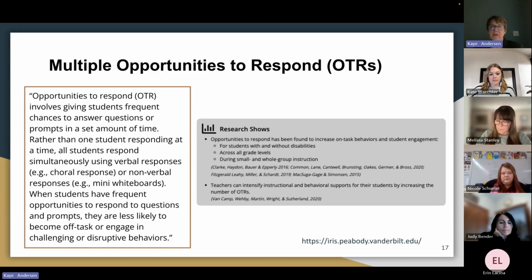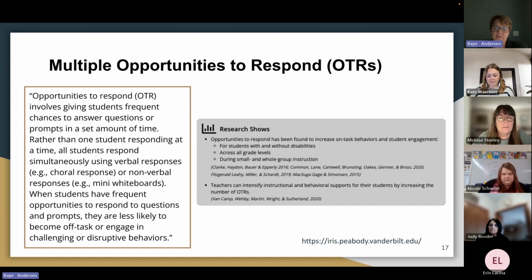It doesn't matter if we're talking about kindergarten or high school or even college level. During small group, whole group, we can intensify our instruction, we can improve behavior, we can provide behavioral supports for students simply by increasing the number of opportunities to respond that we give them and the amount of feedback we give them to make sure that it's correct.